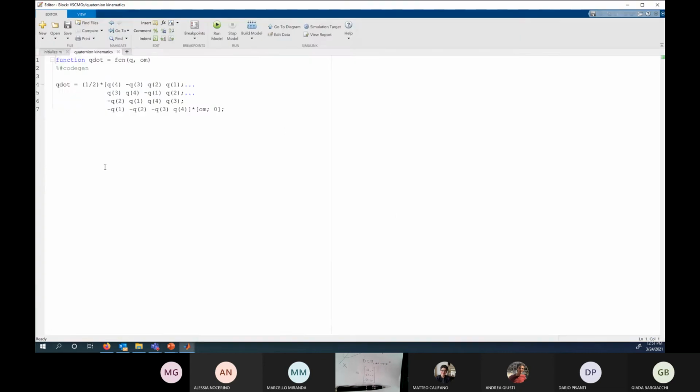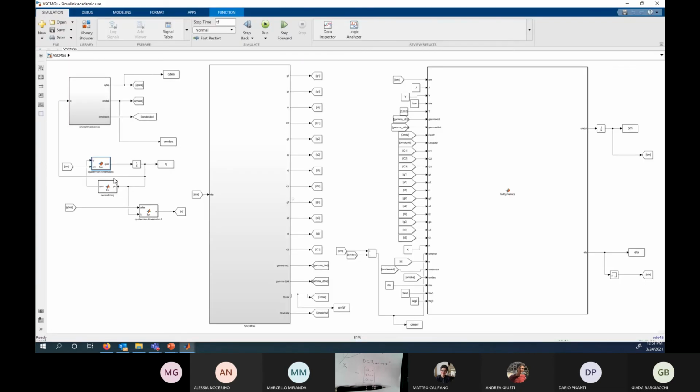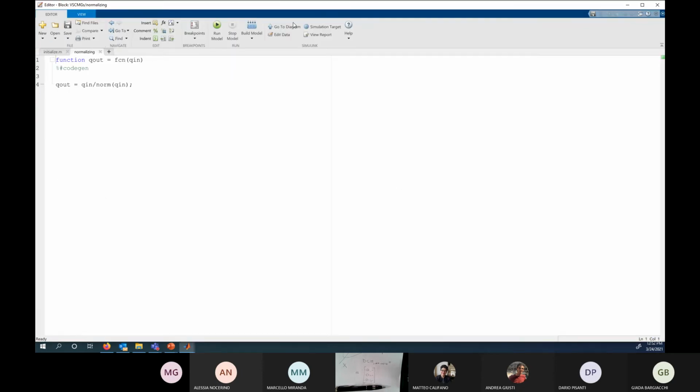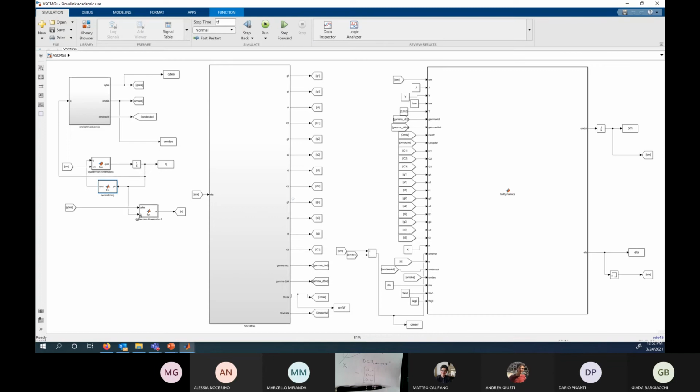You have the quaternion kinematics, you're working on it, right? So you can definitely plug that in here. The omega in this case is coming from somewhere else, but in your case, you're simulating a function with Euler's second law to generate omega. So you can absolutely do that. Normalizing here, what else am I doing here? Just normalizing manually.